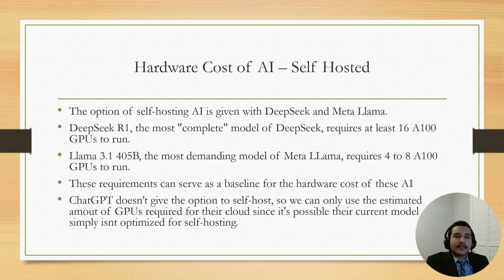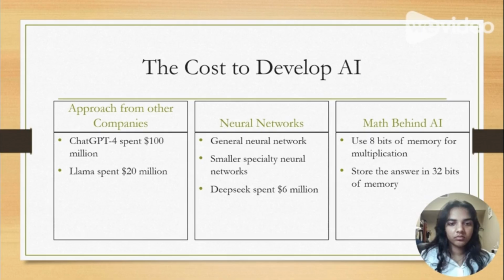These requirements can serve as a baseline for hardware requirements of both these AIs. Since ChatGPT does not allow the option to self-host, we can only use the estimated amount of GPUs it requires in their data centers. Most likely because ChatGPT does not optimize their AI for self-hosting.